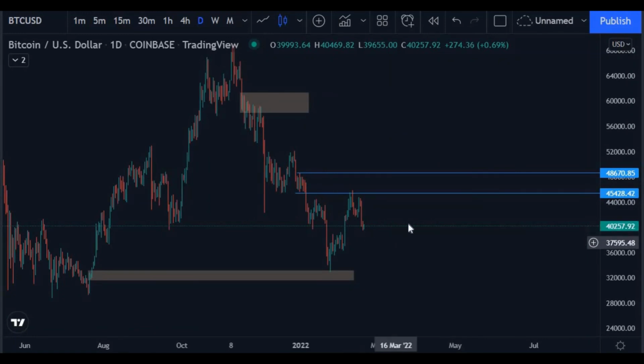The next time prices rally back up here, let's say we find something like this happening, price coming back into the zone and then rejecting.